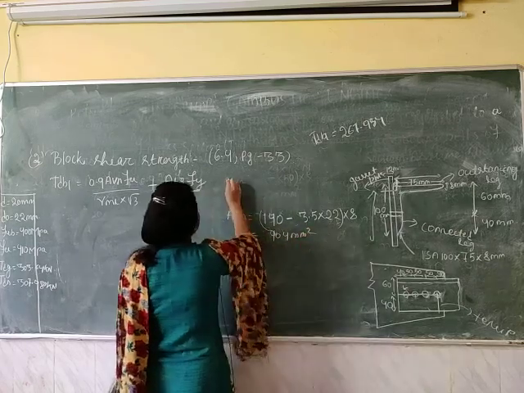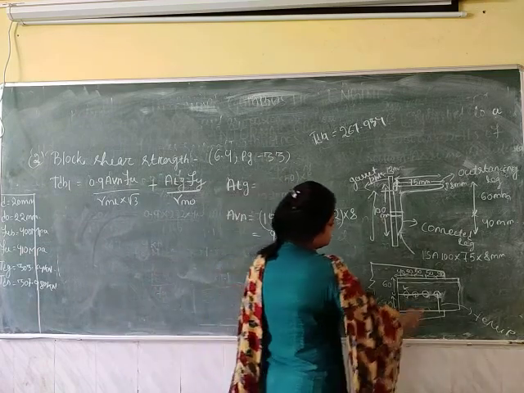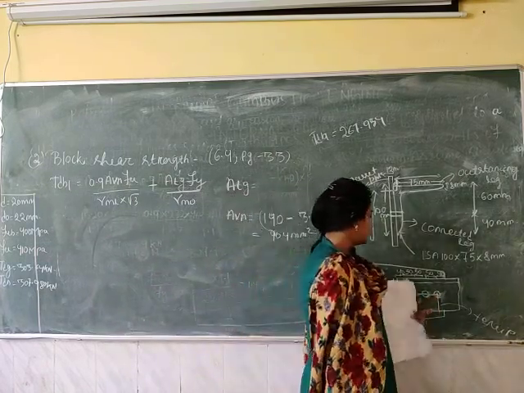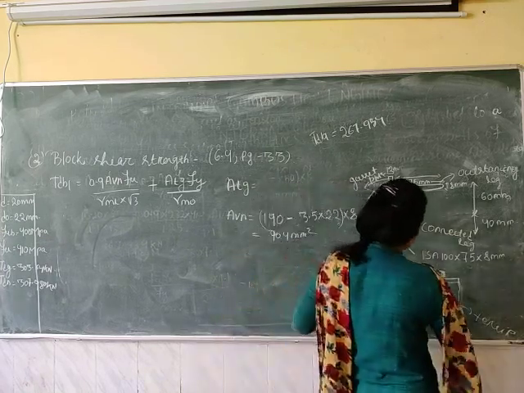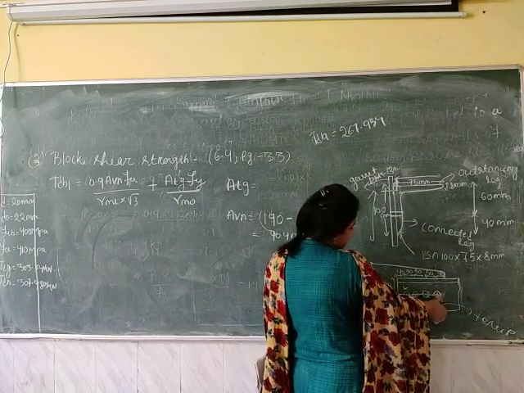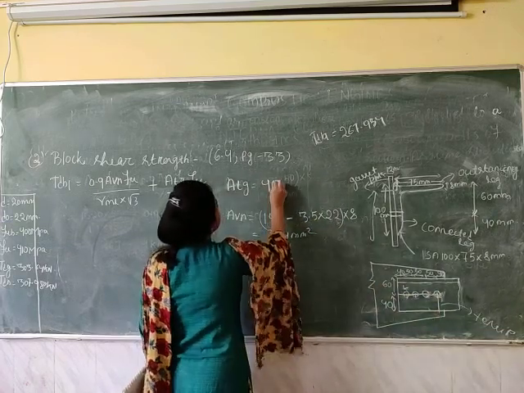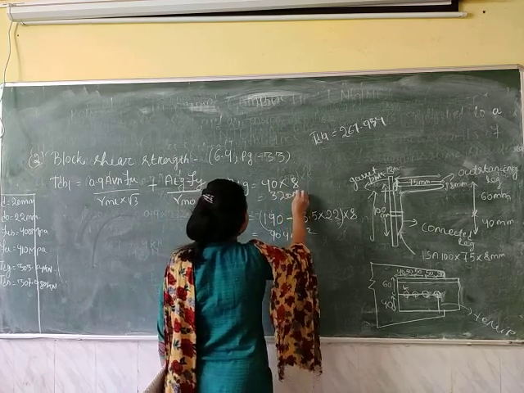The next comes ATG, that is the gross area of the tensile plane. So this is the tensile plane, and we have to calculate the gross area of this tensile plane. So no need to deduct the bolt hole dia. So this total length is 40 mm. So 40 into 8, that is 320 mm square.